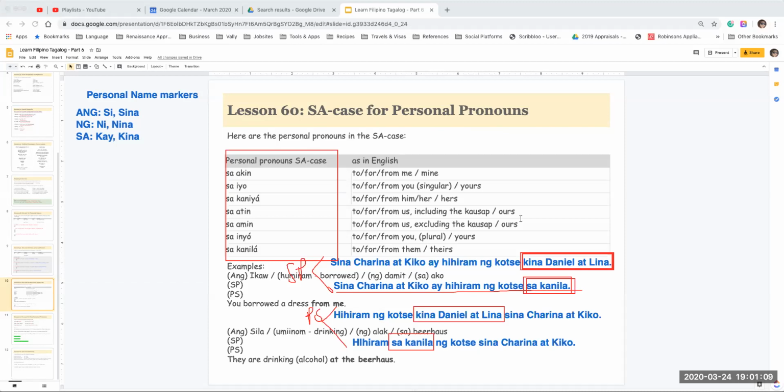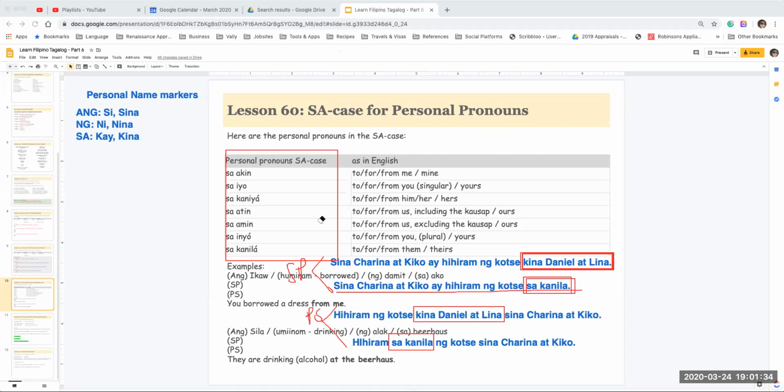But this lesson is about sa case, so that's what I'm going to focus on right now. So this is how we use the personal name and personal pronoun. Do you have any question on these sample sentences that we just did? No question. Okay.